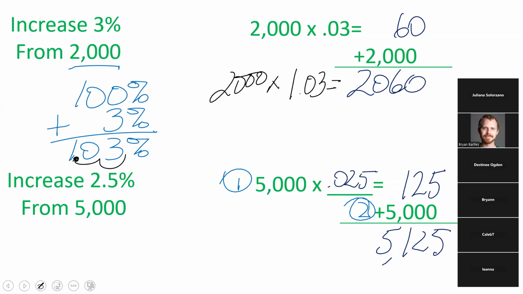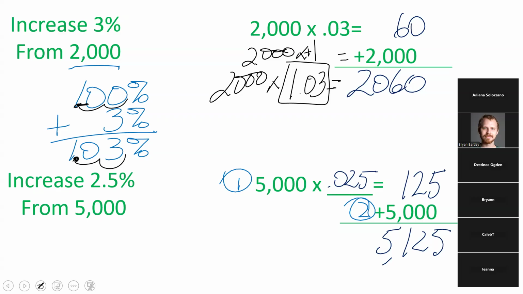What is 100% as a decimal? It's 1, right? Move that decimal place over 2. So 2,000 times 1 is equal to 2,000. And when we add these two numbers together, we get the 1.03. So we can do that in our head. 100, I'm going to increase by 3, so that means 103.